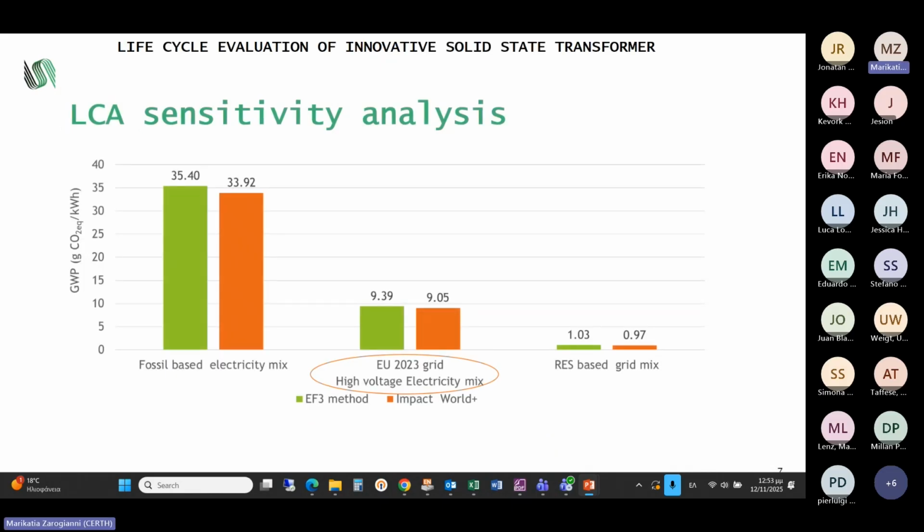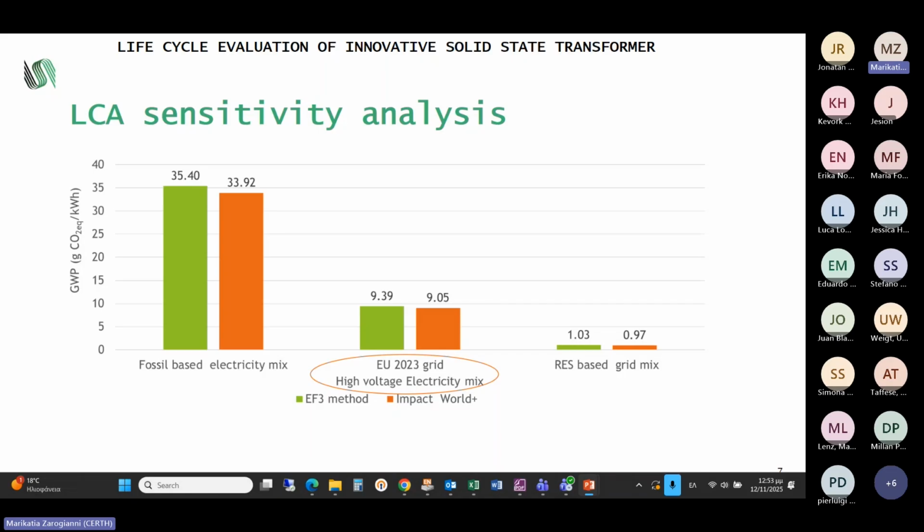A sensitivity analysis of STAR modules regarding the operational phase, focusing on the impact of different energy sources used to compensate the energy losses. Two different impact assessment methods were used.